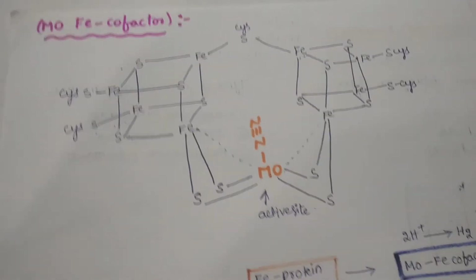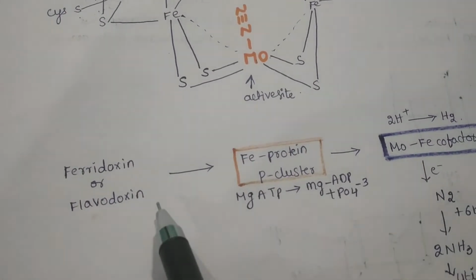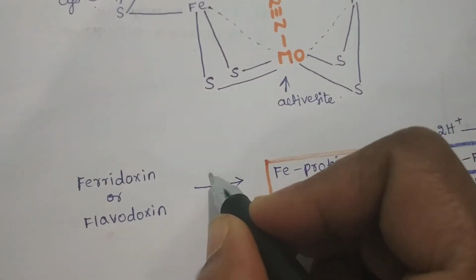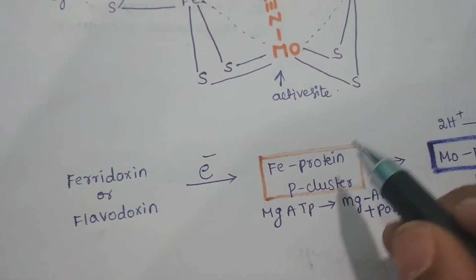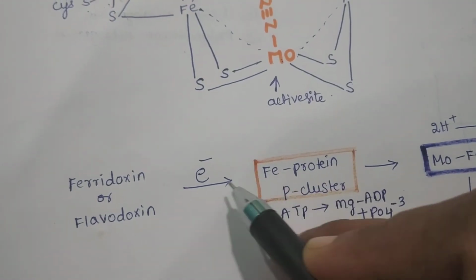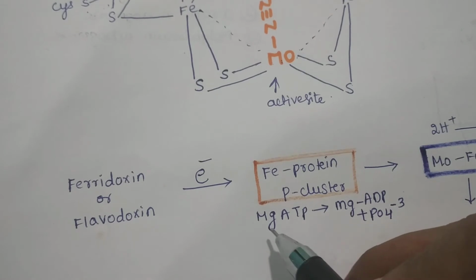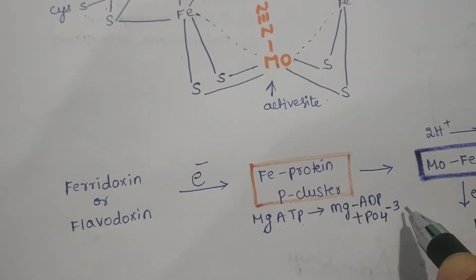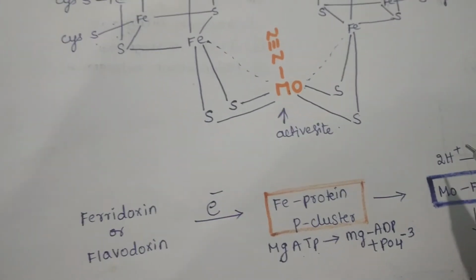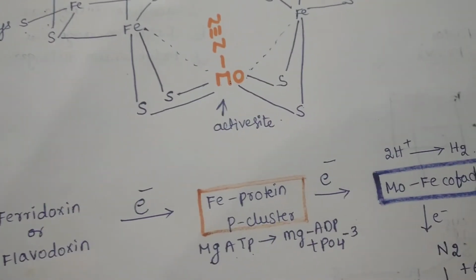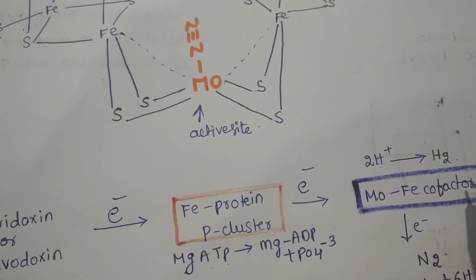So what are the reactions in this structure? Ferredoxin or flavodoxin gives an electron to the small protein, the Fe protein, that is the P cluster. Then this electron changes MgATP to MgADP plus phosphate, and after that one electron is given to the MoFe cofactor.